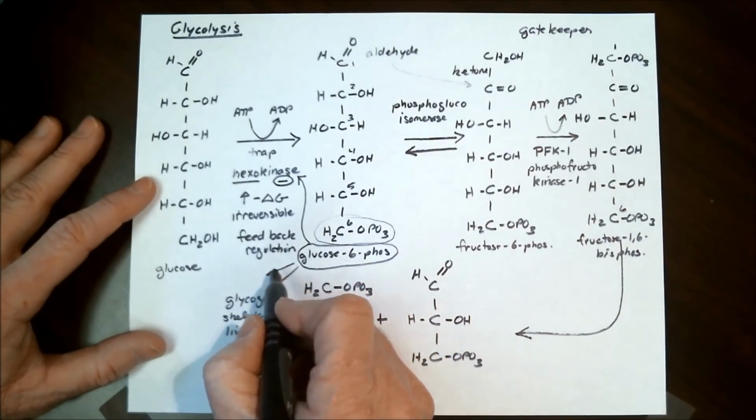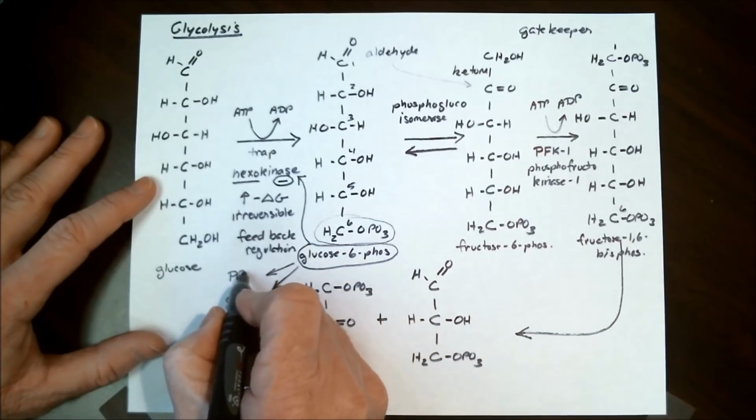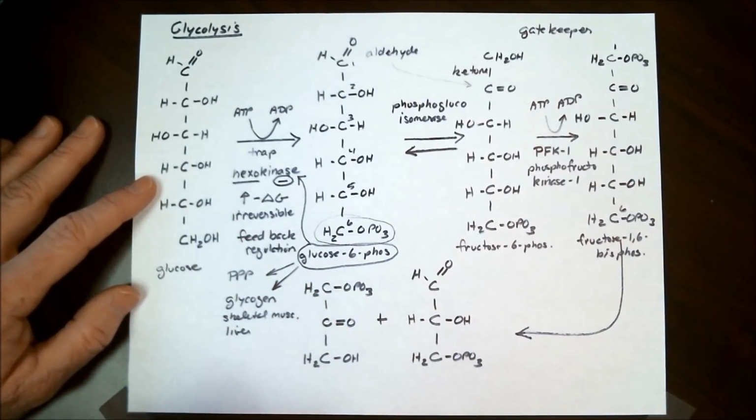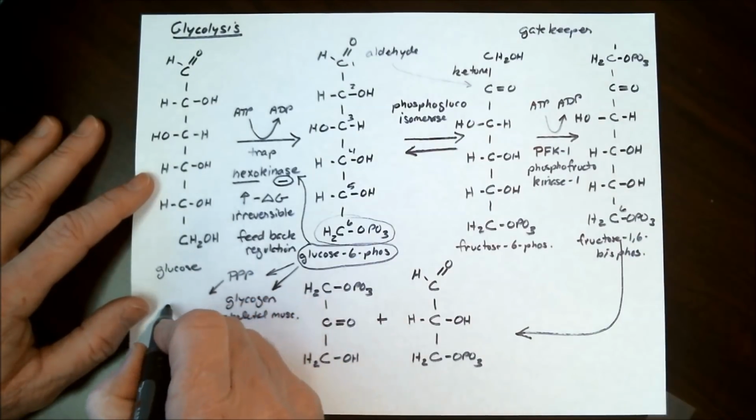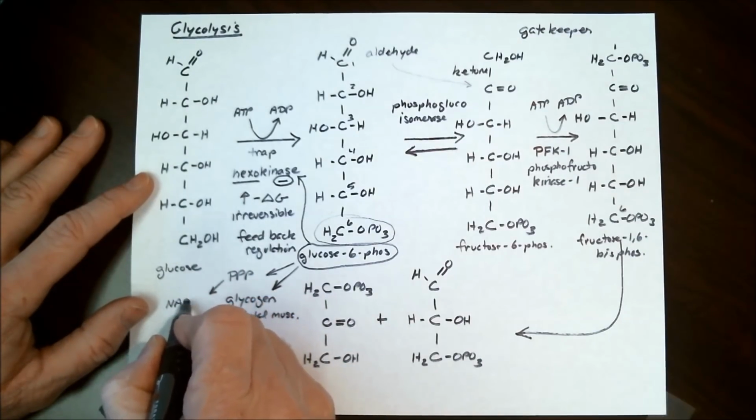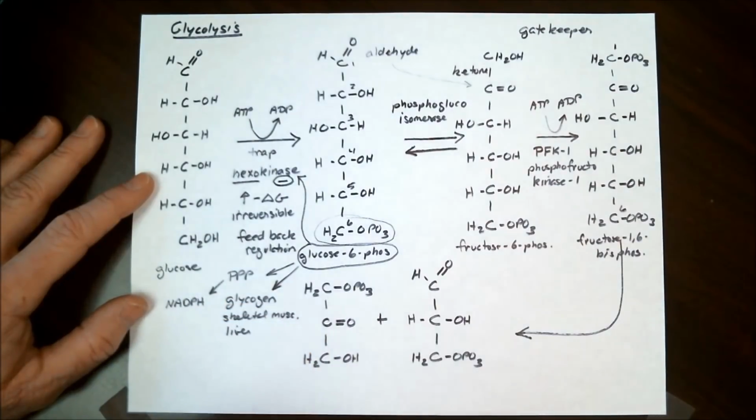This can also be used for the pentose phosphate pathway. It happens in all cells, primarily in the liver, and here we are going to be generating the biosynthetic reducing power called NADPH, and we'll get to that when we talk about the liver.